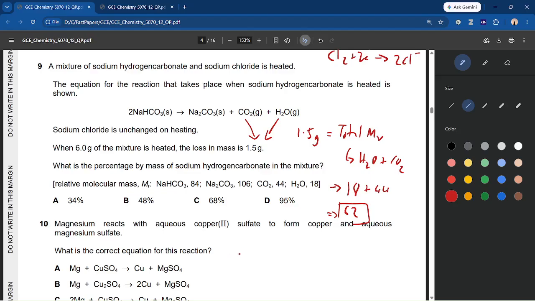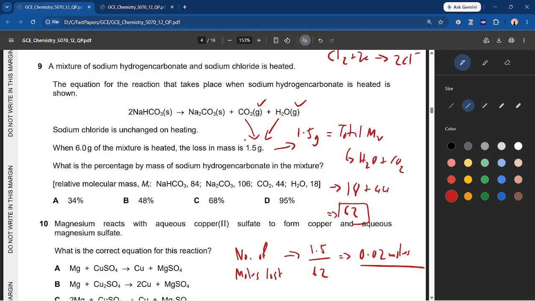So the number of moles lost is going to be 1.5 divided by 62. So this will be 0.02 moles.